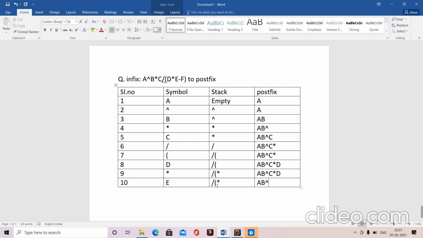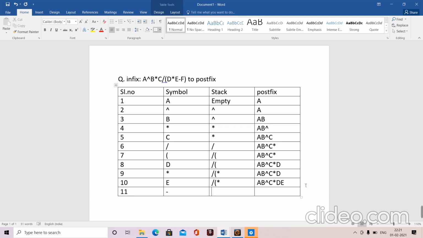So the postfix is B C, then D, and then E will be added. All right, in step number 11, what do we have? We have the minus sign.